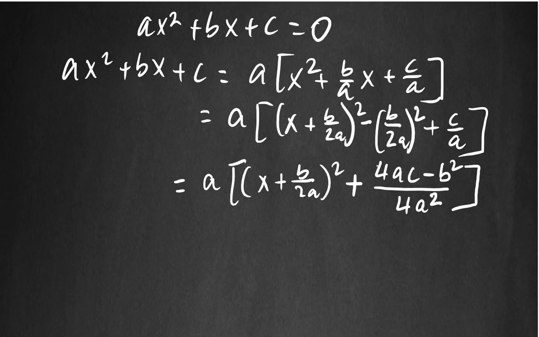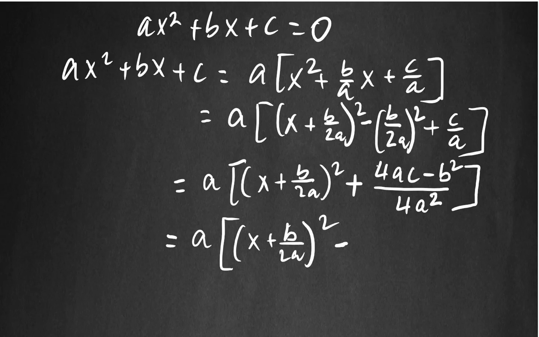So we have this, and if you use the minus sign here now, we can say this is equal to a factor x plus b over 2a squared minus b squared minus 4ac over 4a squared.